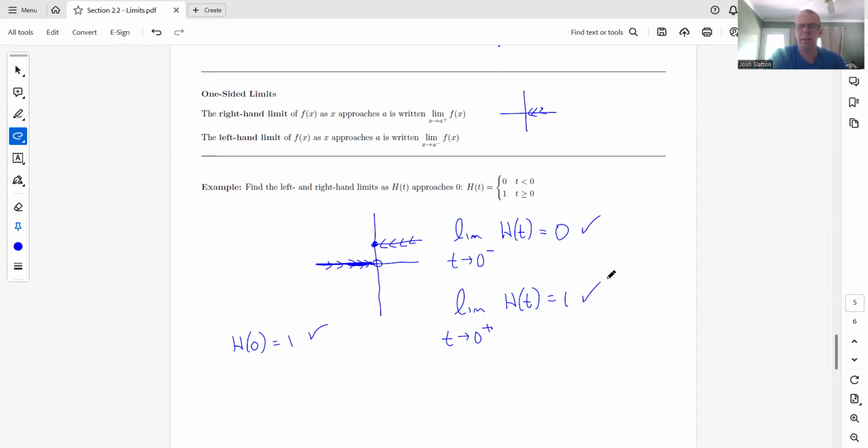The left limit, the right limit, and the value of the function have to be equal to the same number in order for it to be continuous. So we'd actually call this right continuous, because the right limit and the value of the function are the same. But it's not continuous in the normal sense of the word like we're used to using it.